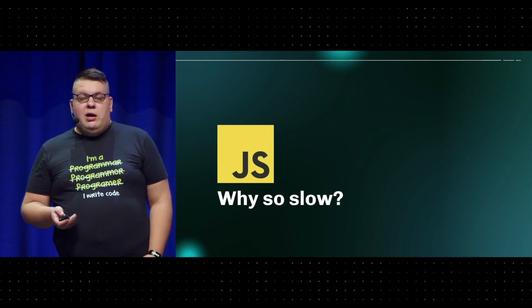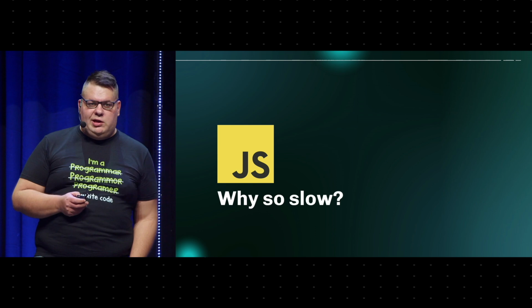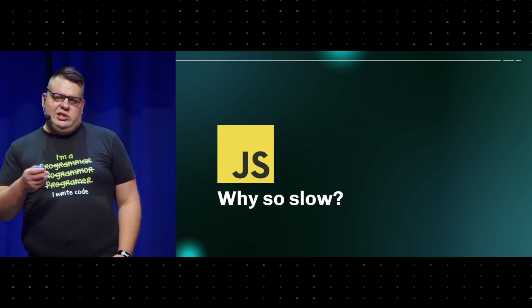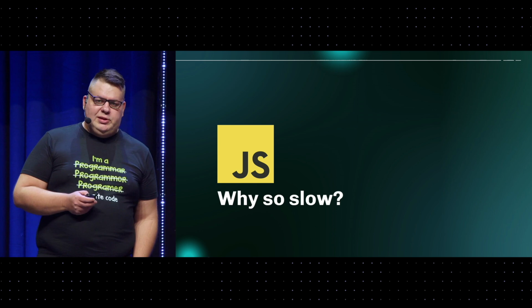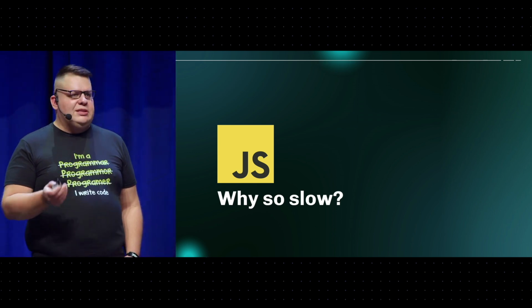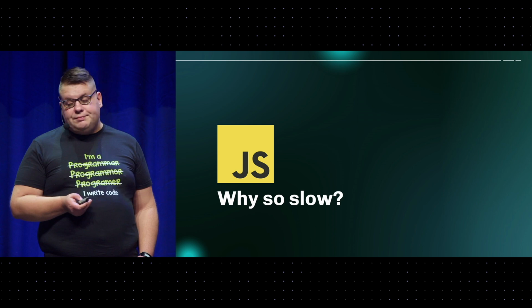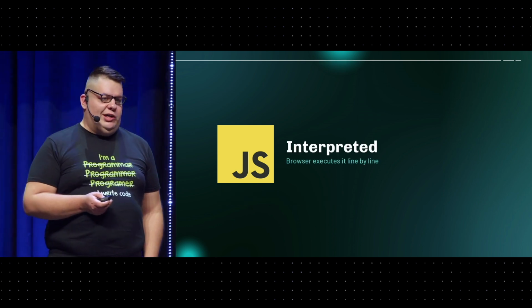But before we dive deep into how WebAssembly actually works, let's take a step back and discuss why JavaScript can be quite slow, especially at some specific tasks. First of all, JavaScript is an interpreted language, right?